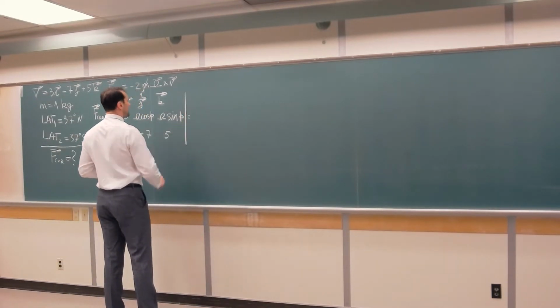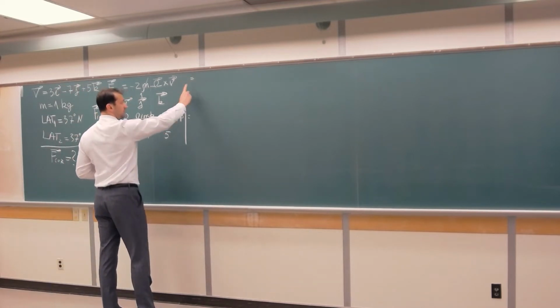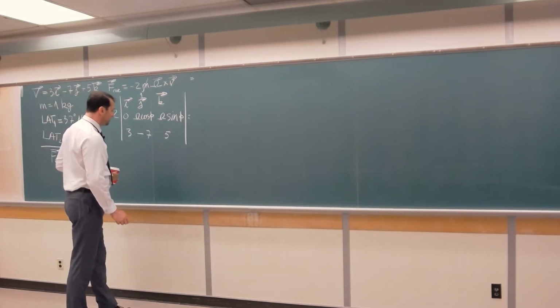So this is further equal, I will write it here on the top of the blackboard so I save a little bit of space. Well, we need to solve this determinant.